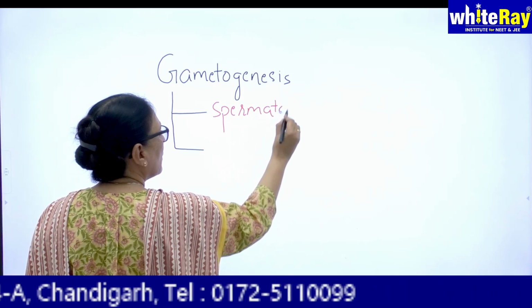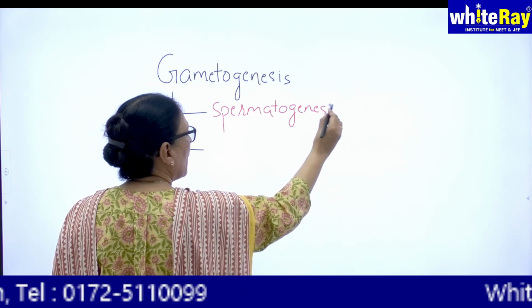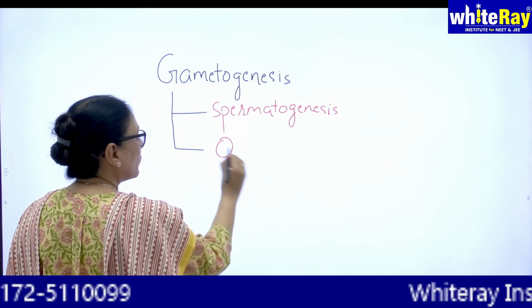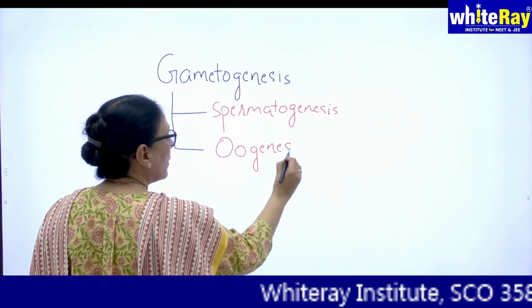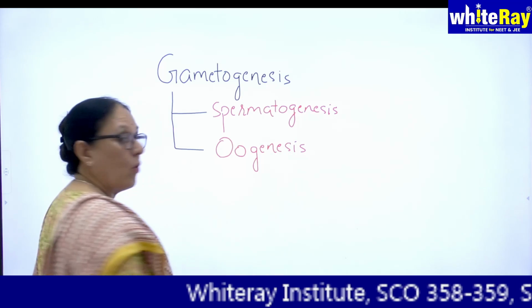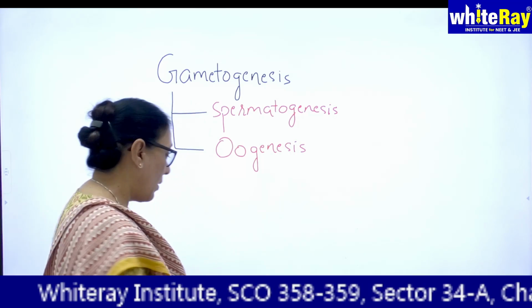Spermatogenesis is sperm formation, and oogenesis is formation of ova.